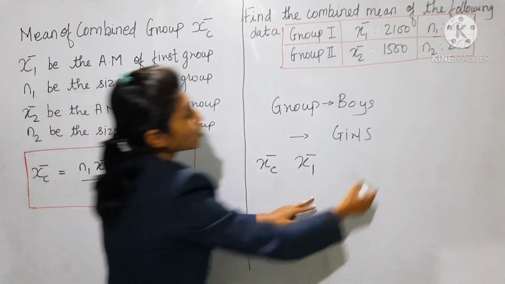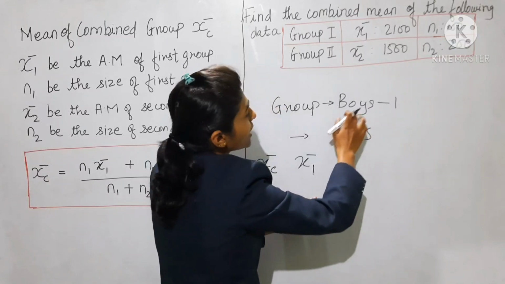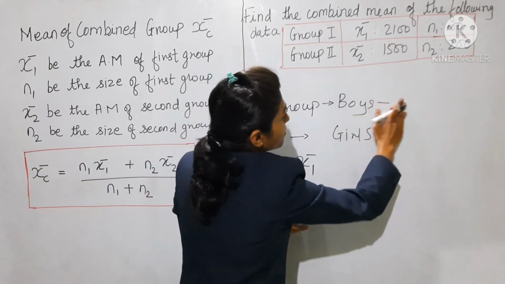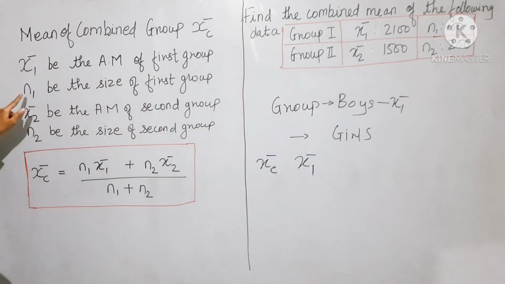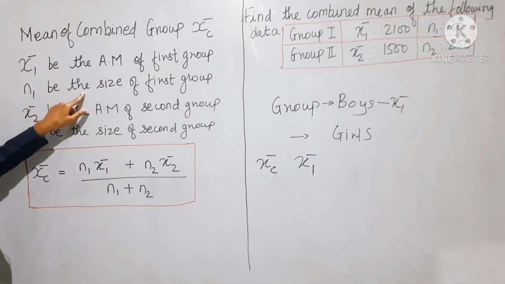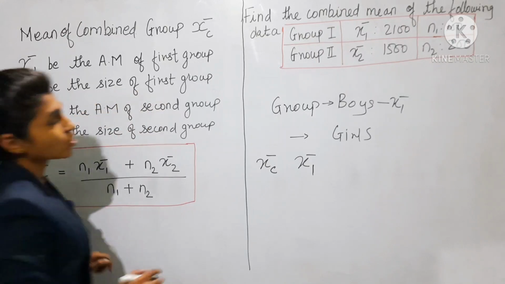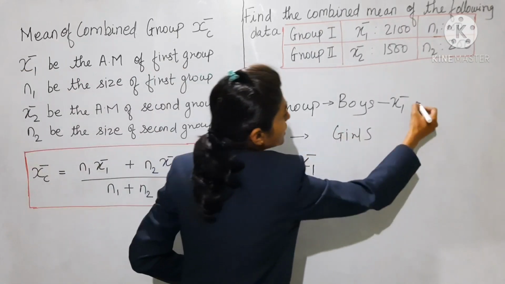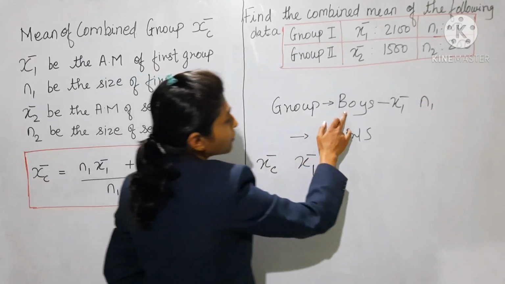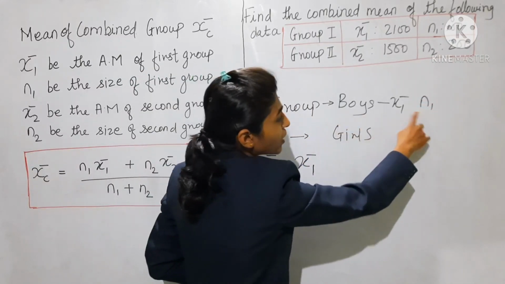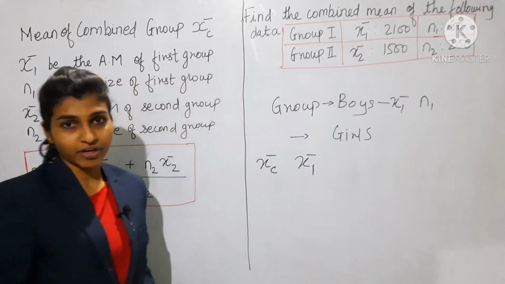Suppose the group of boys is there, x bar 1 is the arithmetic mean of boys, and n1 is the size of group 1. Suppose there are 100 boys in one group, so the number of observations will be 100.